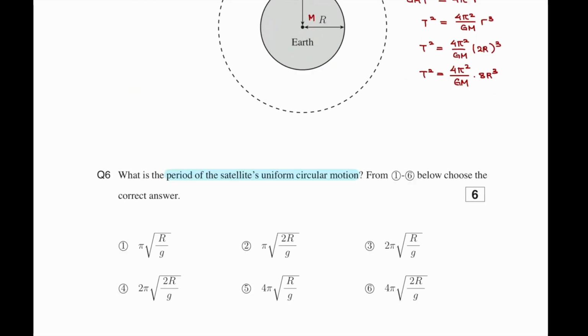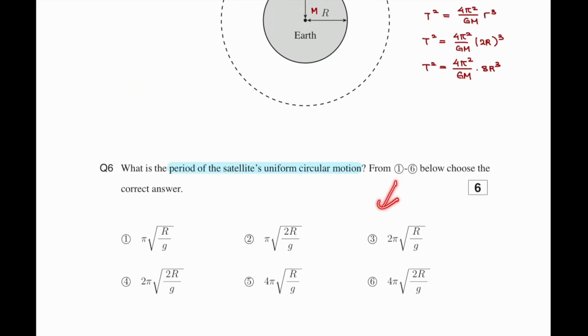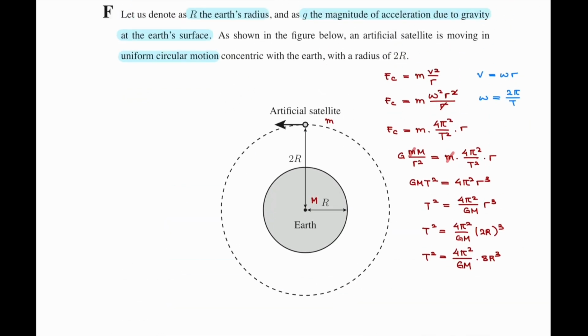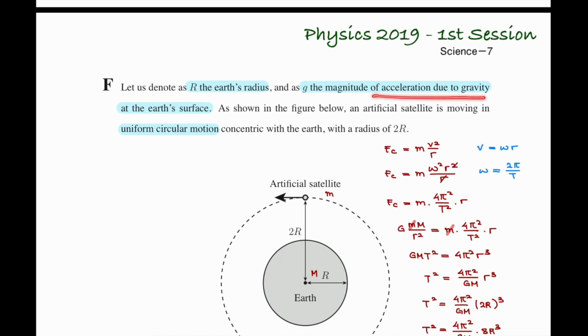But if you see from the possible answers here, we need to express it in terms of g. Small g is the acceleration due to gravity at the Earth's surface.